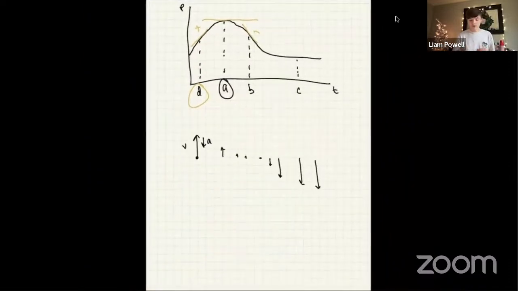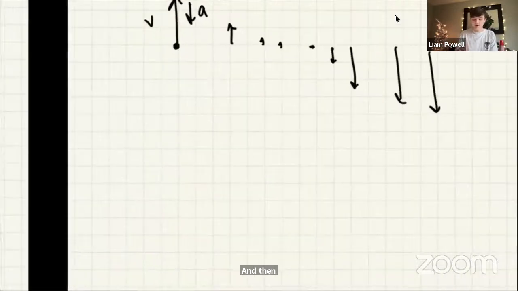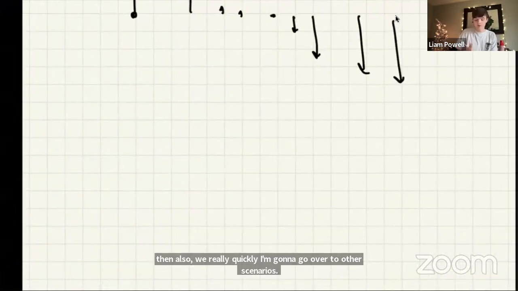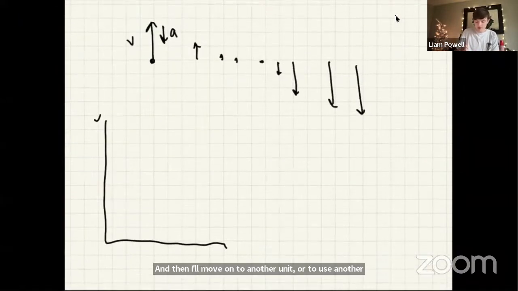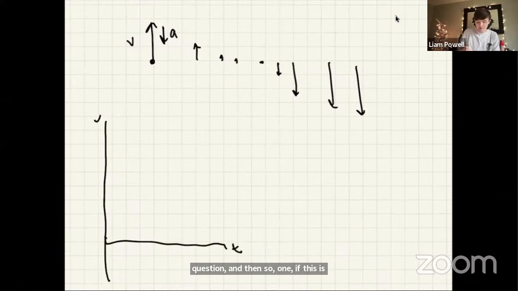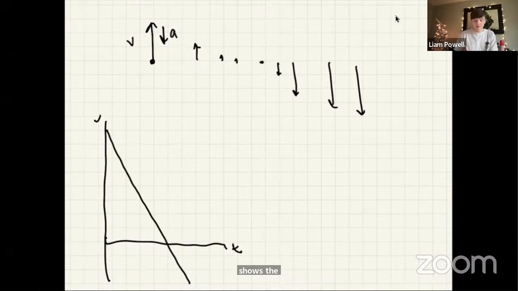And then also, really quickly, I'm going to go over 2 other scenarios, and then I'll move on to another unit or do another question. If this is a velocity versus time graph and it looks like this, it shows a constant negative acceleration.